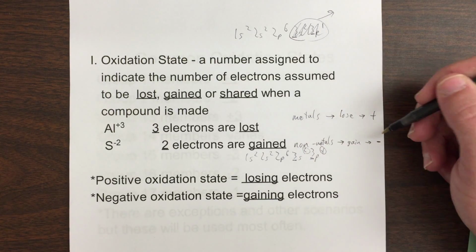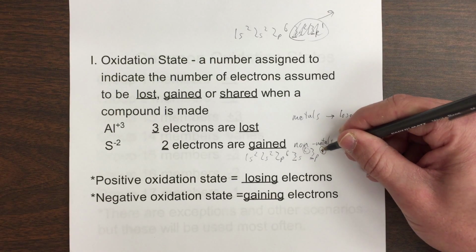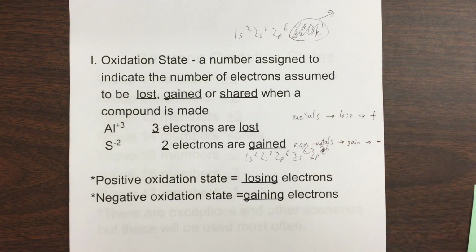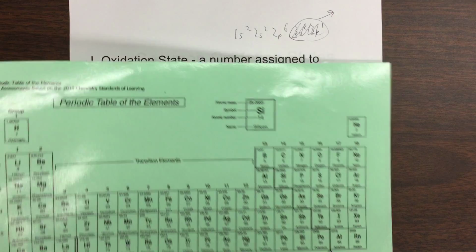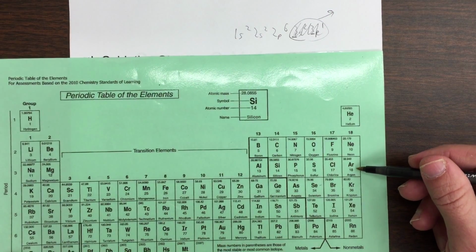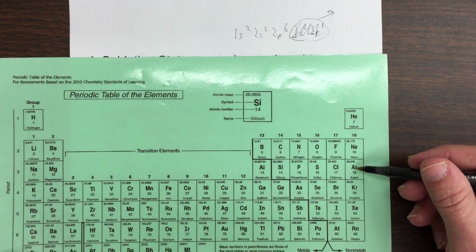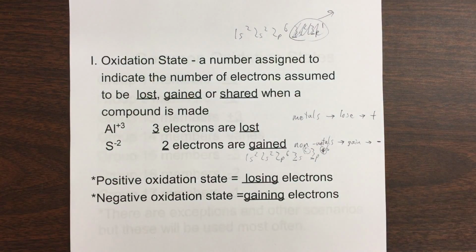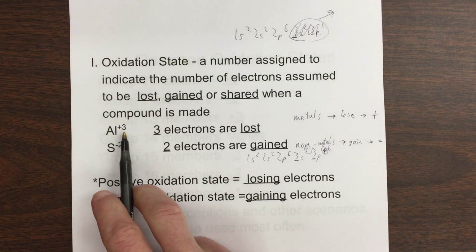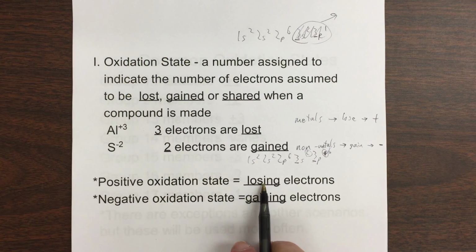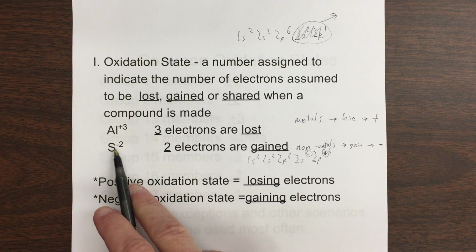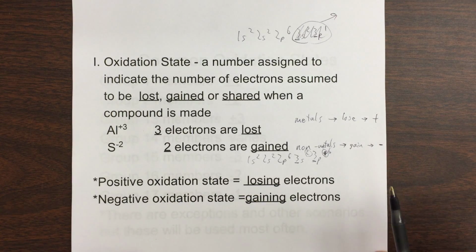So this will gain 2 more electrons in this 3p level. That will become 3p6, and then it will have an electron configuration just like argon, once again another noble gas. So this positive oxidation state simply means that the element has lost electrons, and the negative oxidation state means that it has gained electrons.